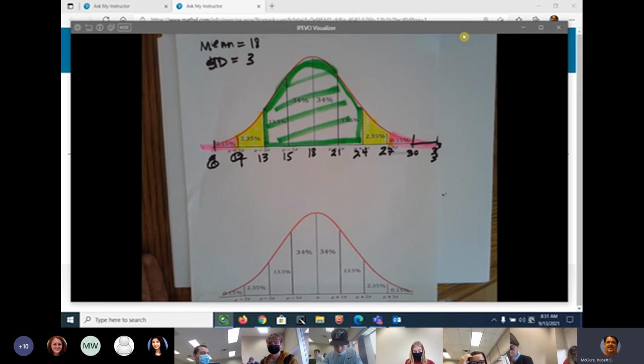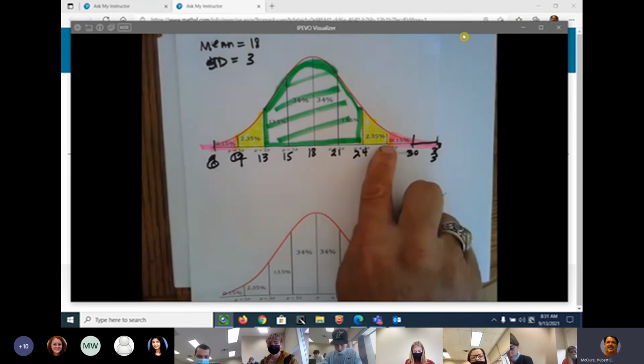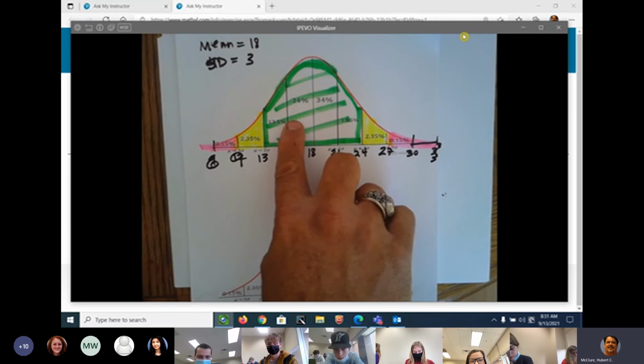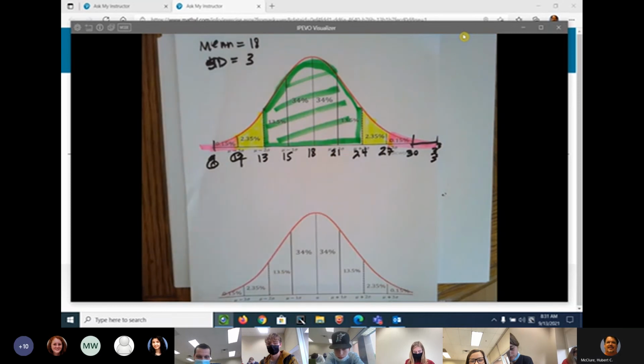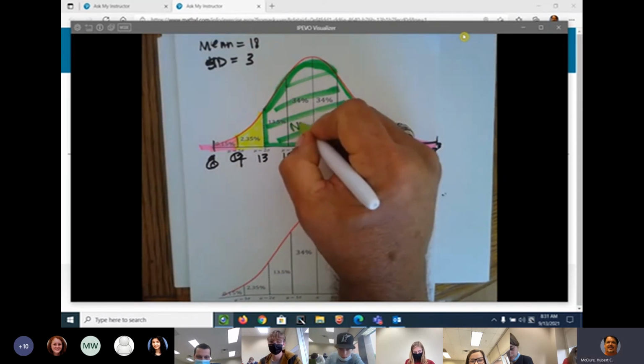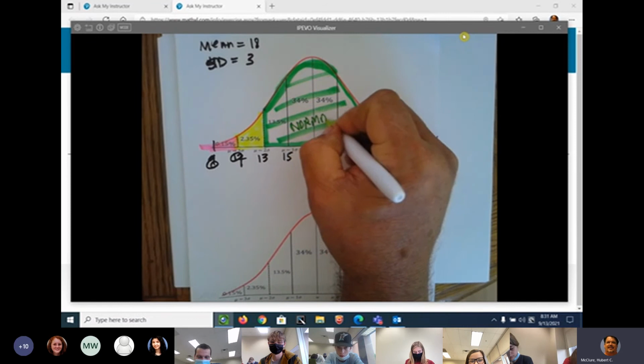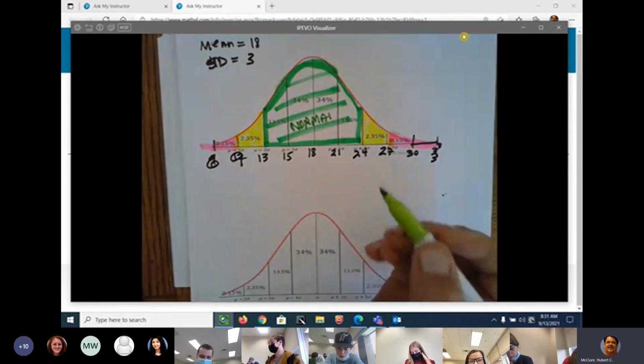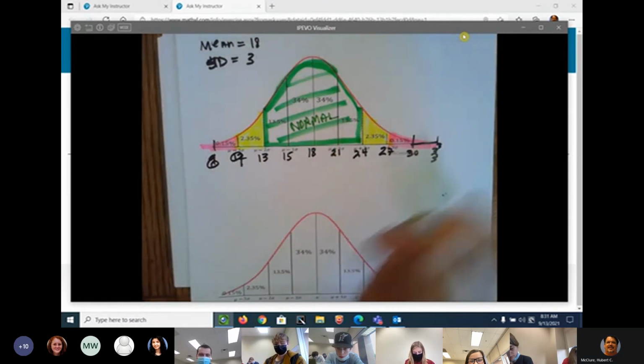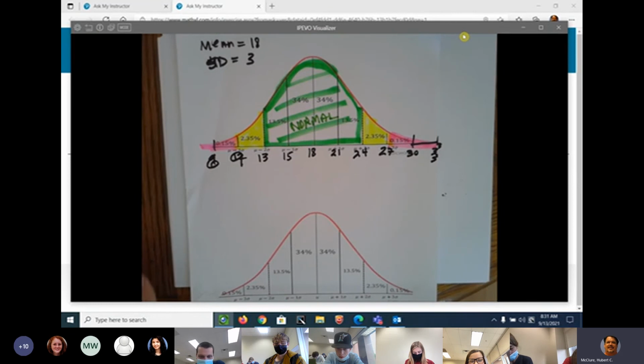It's outside of normal. Okay, outlier, whether it falls between the orange, the yellow and the pink, it is still outside the what? What's the green area called? Normal. It's outside the normal area. So it's outside of 2 standard deviations.